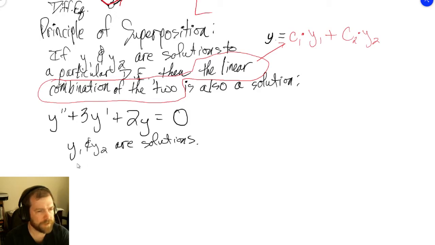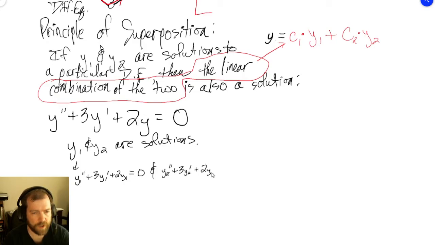I should probably write this out first. So y1 is going to yield y1 double prime plus 3y1 prime plus 2y1 equals 0, and y2 double prime plus 3y2 prime plus 2y2 is going to be equal to 0 as well.